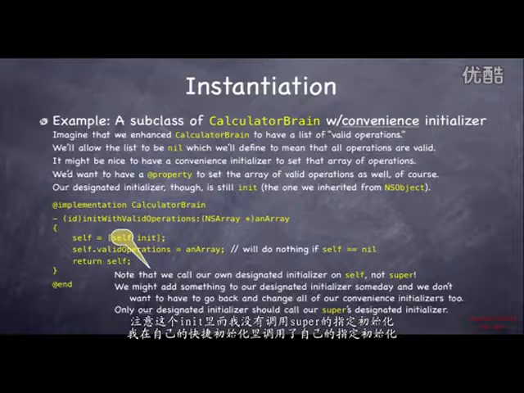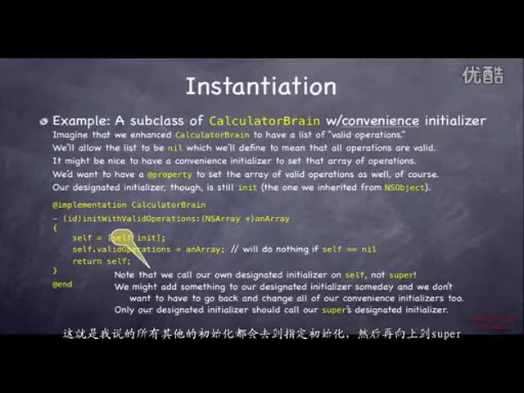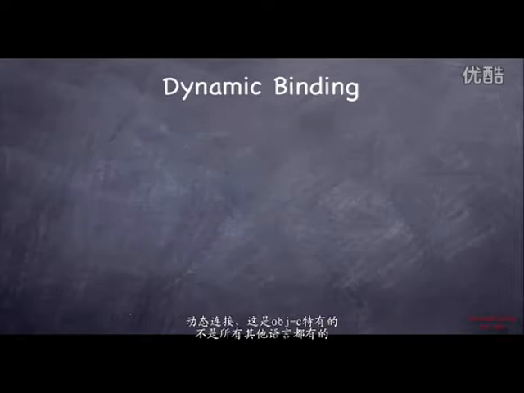I call my designated initializer. Got it? See, self equals self init. I'm calling my designated initializer from my convenience initializer. That's why I'm saying all these other inits that you have are all going to go to your designated initializer, where you can do common initialization, and then you're going to go up to super. Okay? All right.